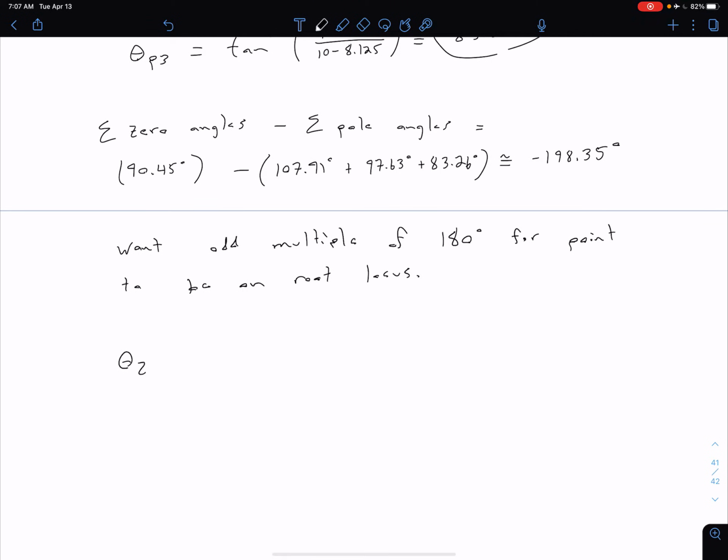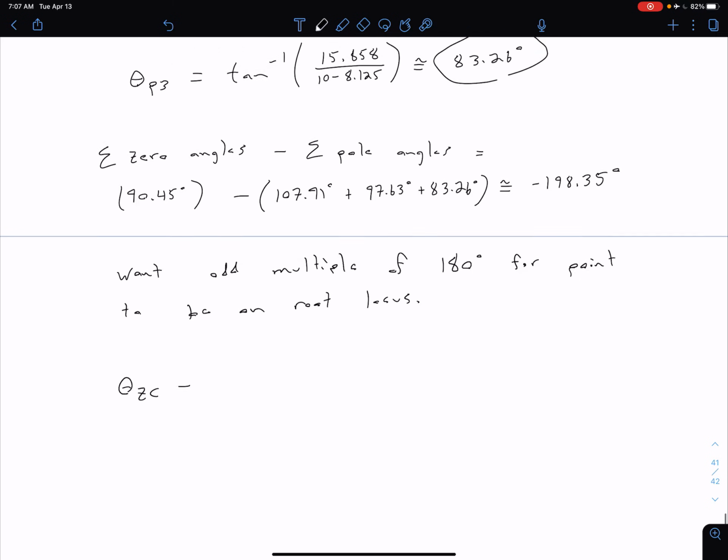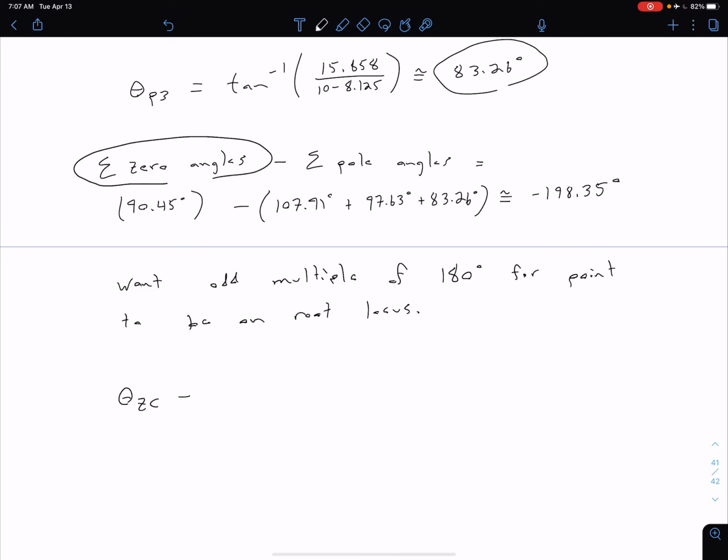So the angular contribution from the zero of our compensator has to be, let me write that a little differently. We're adding our theta ZC to the sum of zero angles.